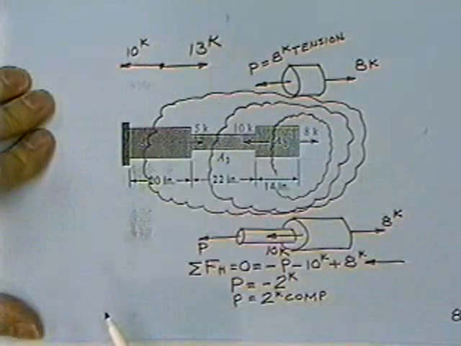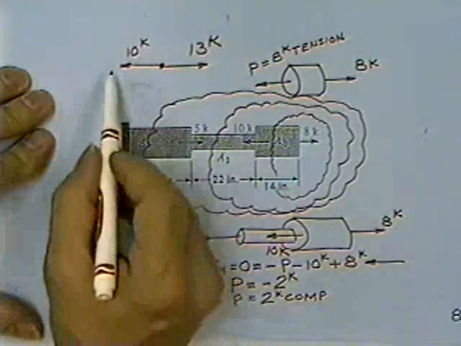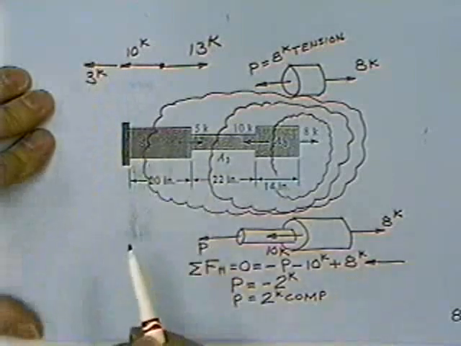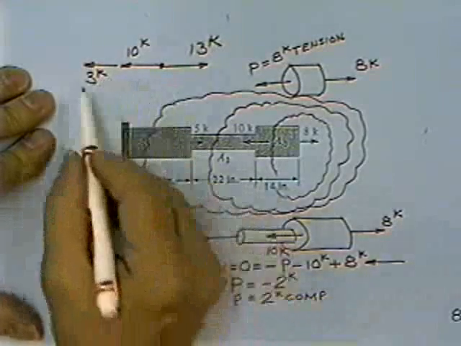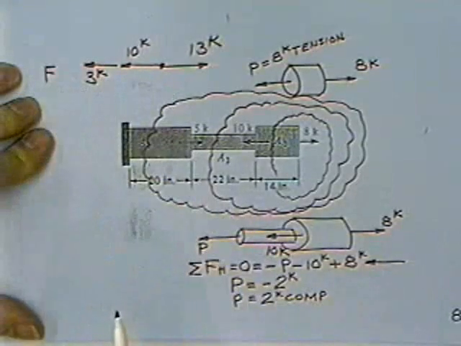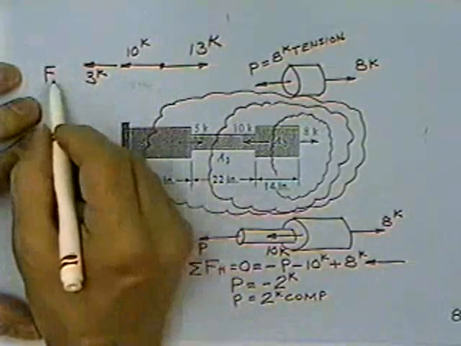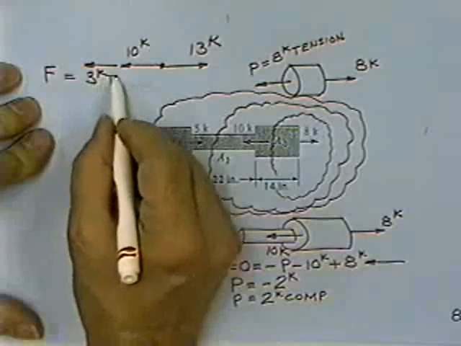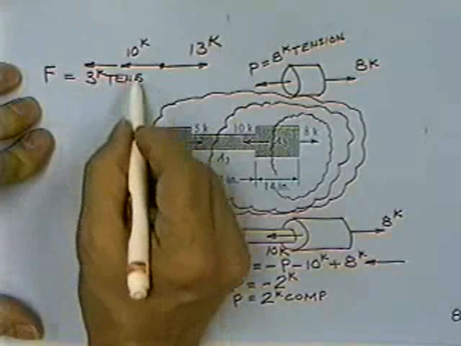It is out of balance 3 kips to the right, and therefore I need another 3 kips of force to the left, pulling on the free body. So the force in section A, we don't really have a name on these things, but the force in that big bar is equal to 3 kips of pulling, 3 kips of tension.